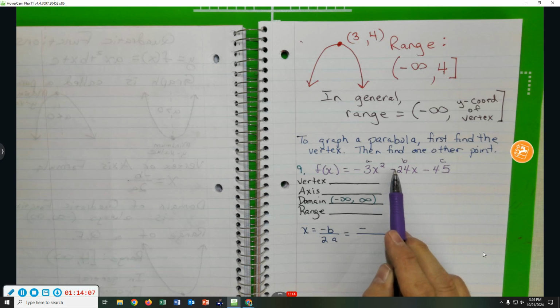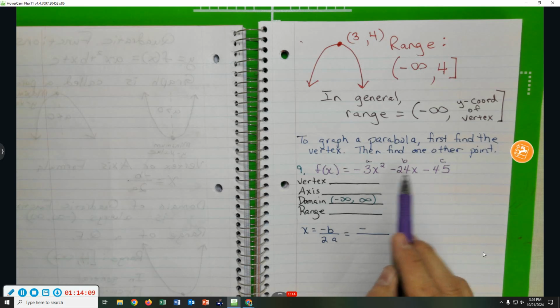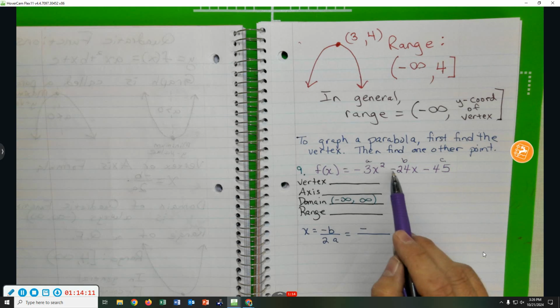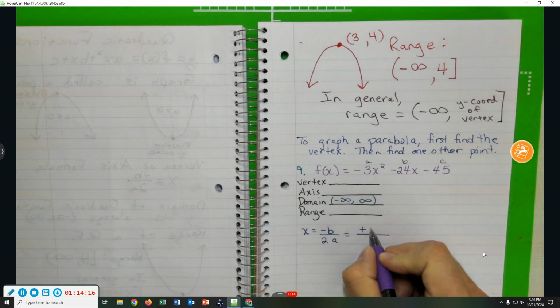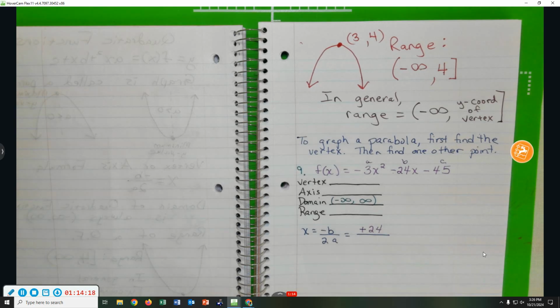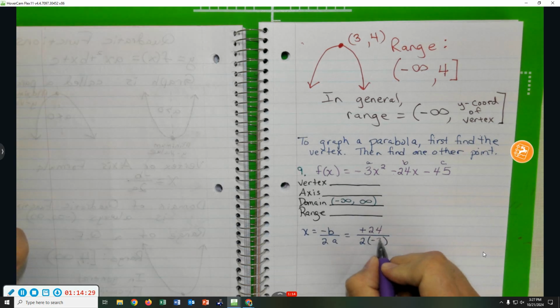They're just not speaking. Negative 24. So the minus b, negative 24. Is that just going to be a positive 24 on top? Let's say bottom 2 times a. What's that a? Negative 3.